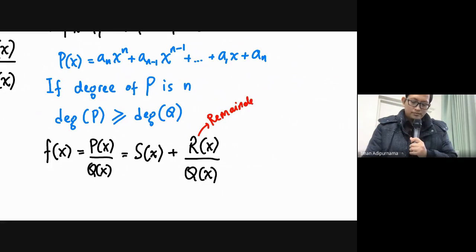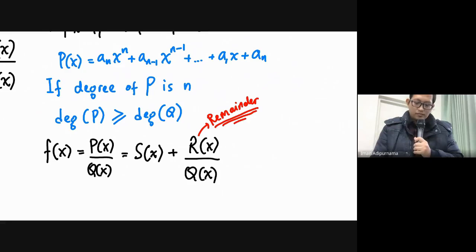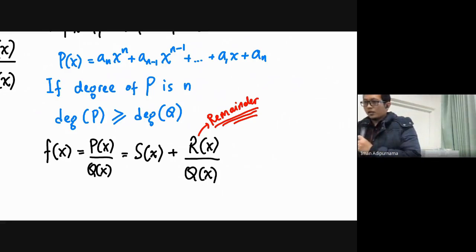So the remainder is, if you cannot factorize the polynomial completely, the function that's left is called the remainder.